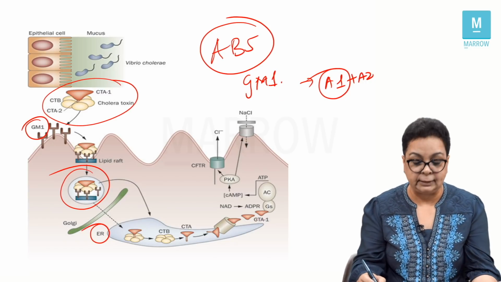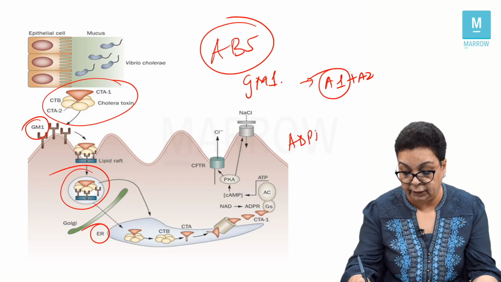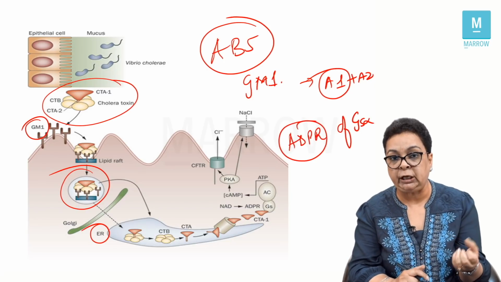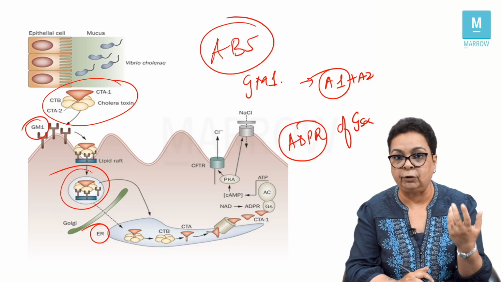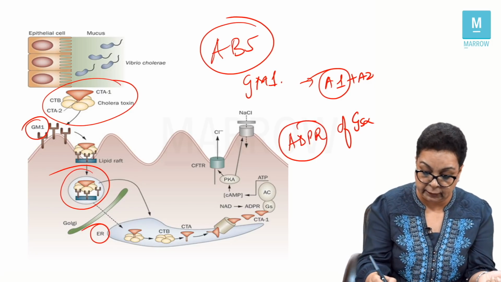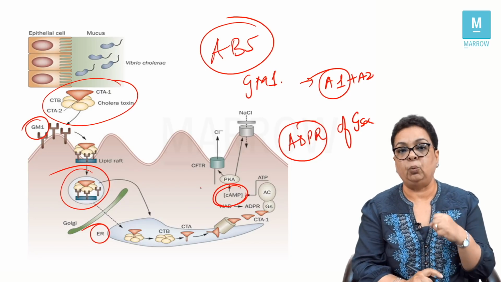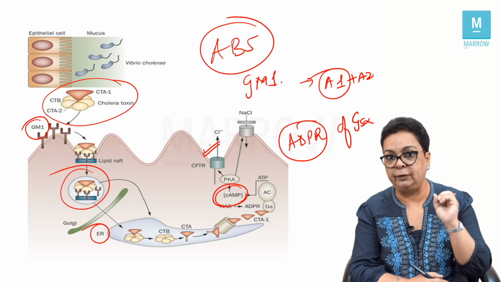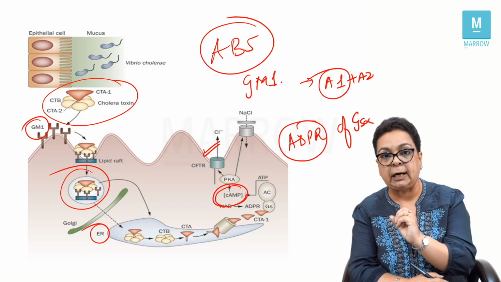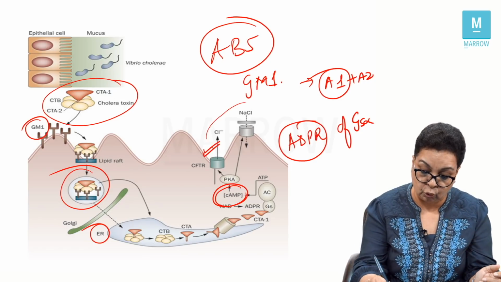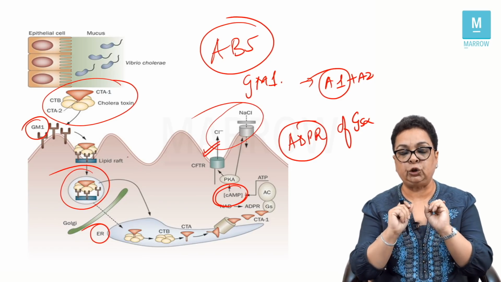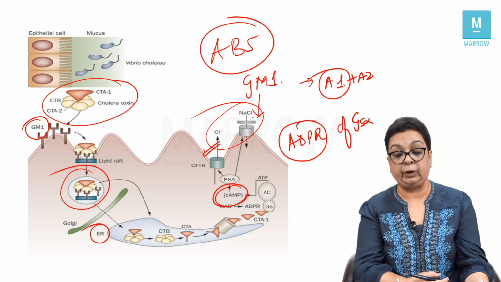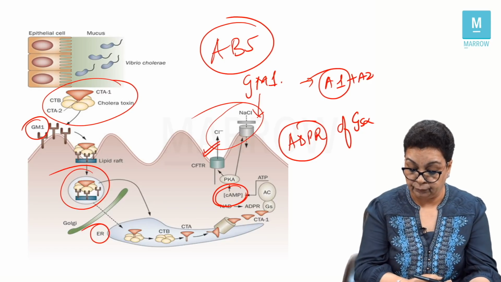It causes the ADP ribosylation of the alpha subunit of the G stimulatory protein, which leads to an increase in activity of adenylyl cyclase, thereby increasing cyclic AMP, which leads to the continued phosphorylation of the cystic fibrosis transmembrane regulator. So all those ionic changes: secretion of chloride ions into the lumen and reduced absorption of sodium and chloride from the tip cells. Right.